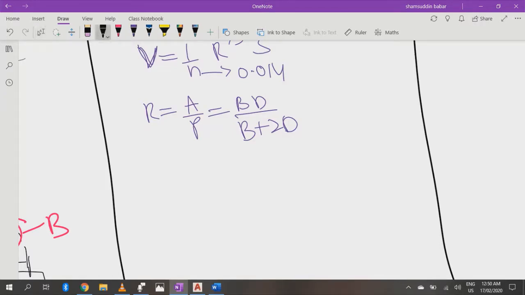And my third loss is loss due to bends, and it is equal to twice V square by 2G and F. Okay, now there is a factor F. Now this F has another formula.